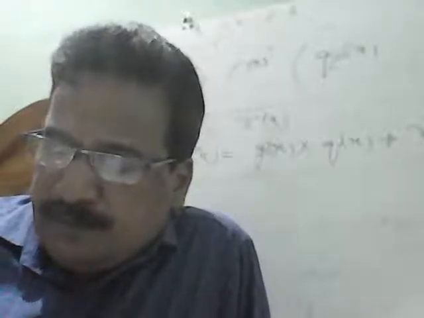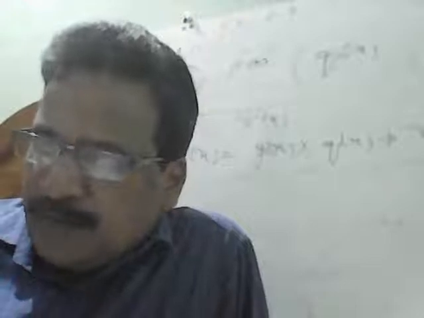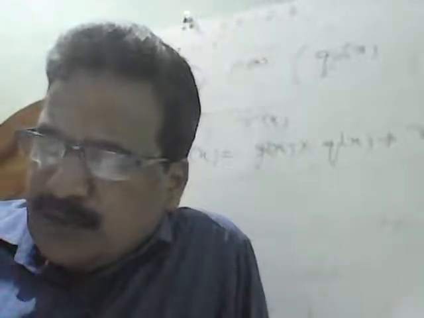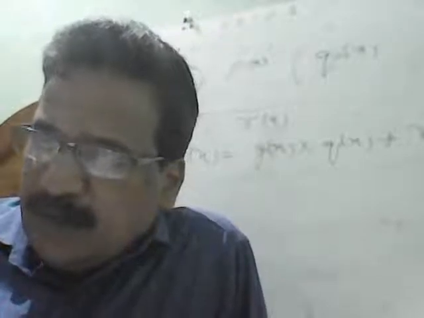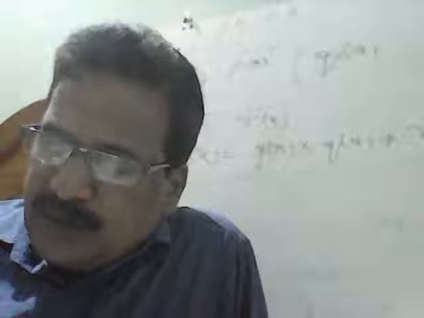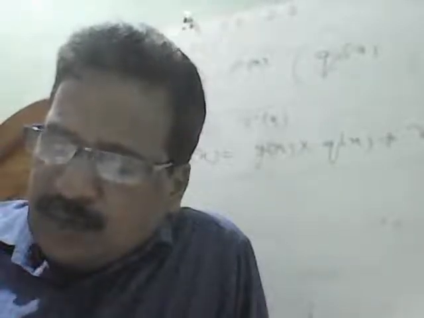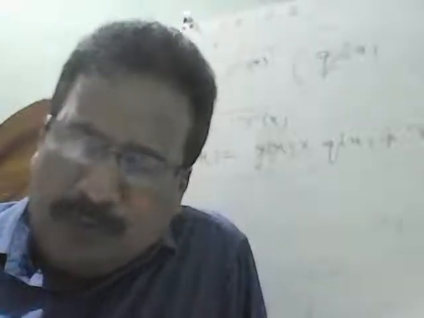Example 9. Find all the zeros of 2x to the power 4 minus 3x cube minus 3x square plus 6x minus 2, if you know that two of its zeros are root 2 and minus root 2. It is a polynomial with degree 4.